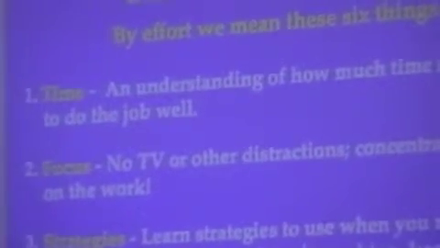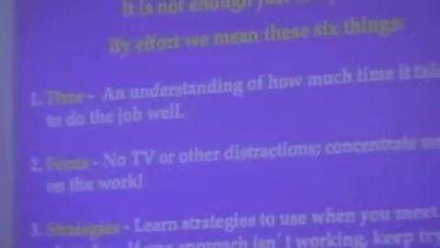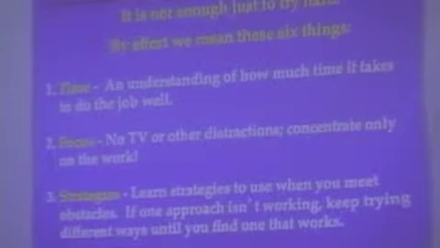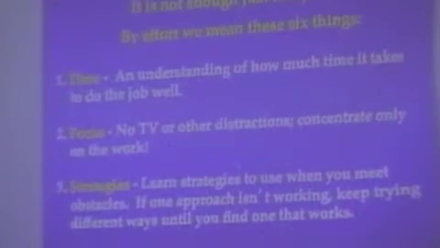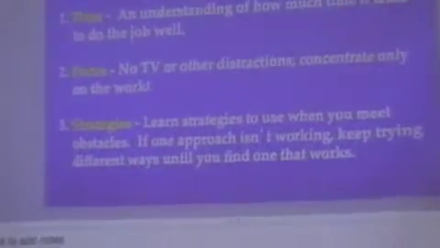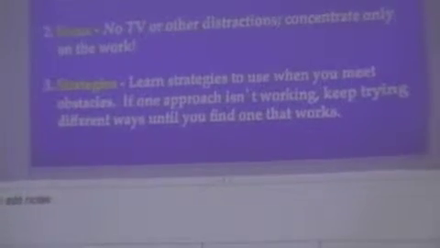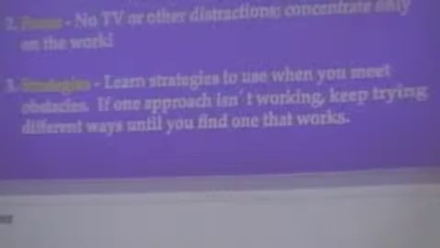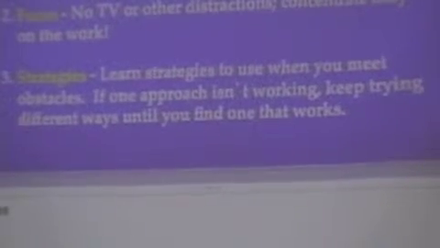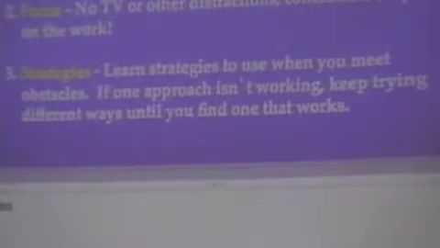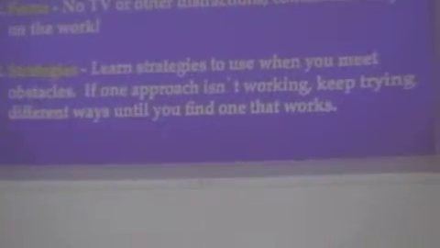The second one is focus, getting rid of distractions and knowing how to do that. The third attribute of effective effort is learning actual strategies to use when you meet obstacles. A kid who believes in the bell curve may do very well in school until they run into obstacles. Then they interpret the obstacle, as I did with calculus, as: oh, I can't do that.